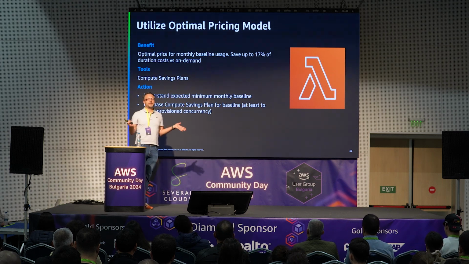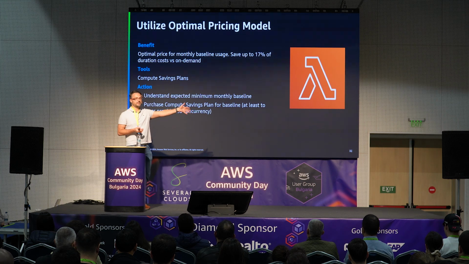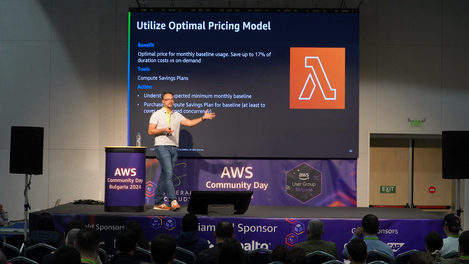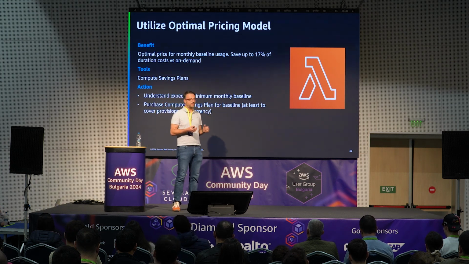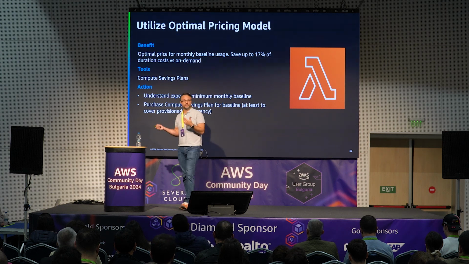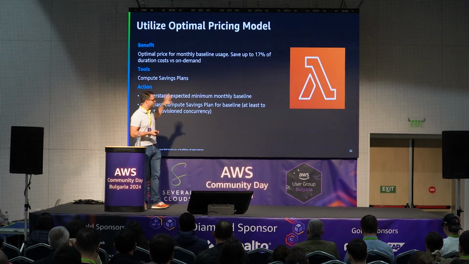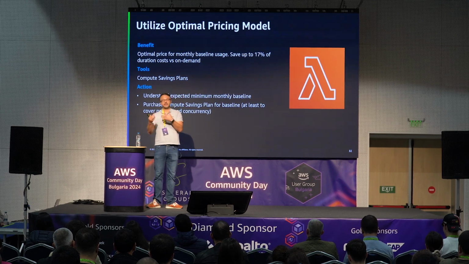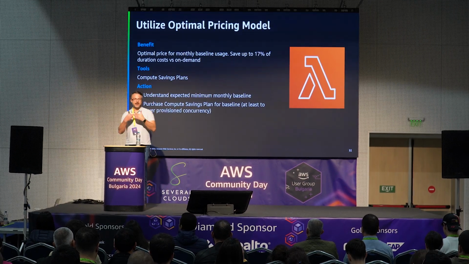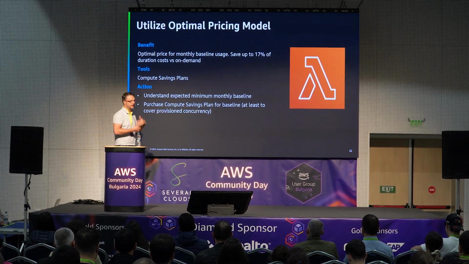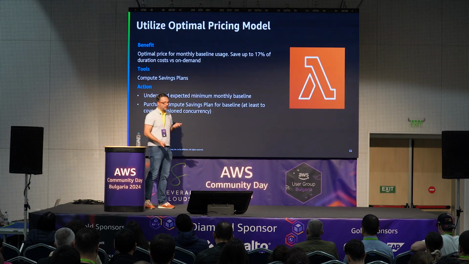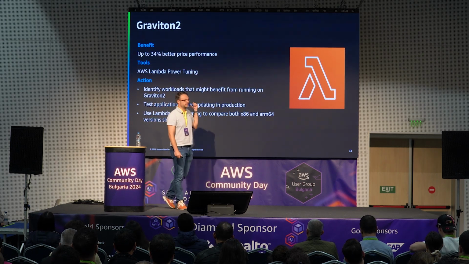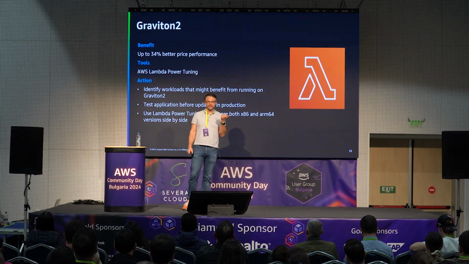It is basically that you pay some money upfront, or you commit to a certain amount of usage for different compute resources, not only Lambda, but they apply to Lambda as well. And you can just save by committing that you will use those resources and paying upfront. Another quite good optimization you can achieve.